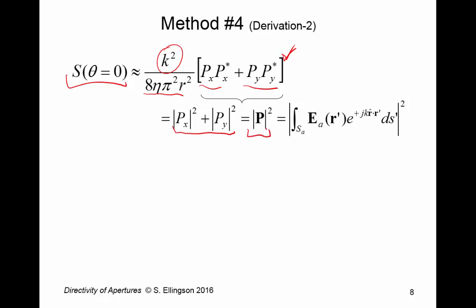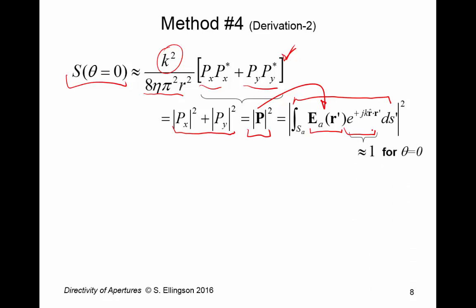And of course, that's just the magnitude squared of the spatial Fourier transform. So we can go ahead and substitute that expression for the spatial Fourier transform. This you can look up from one of the previous lectures. And we get this: the magnitude squared of this integral. Here are the aperture fields. So we need to know the aperture fields, and then you have this phase factor which appears inside the integral.